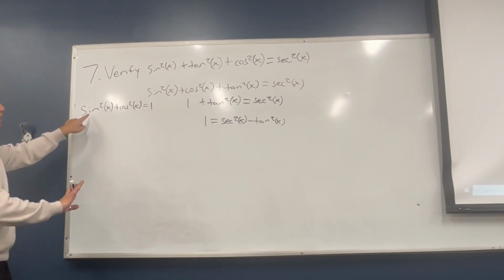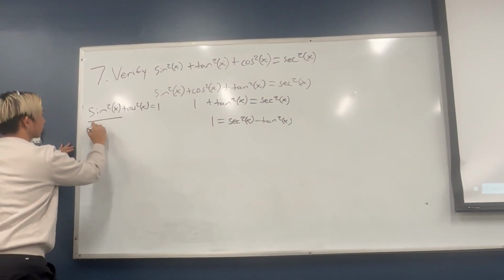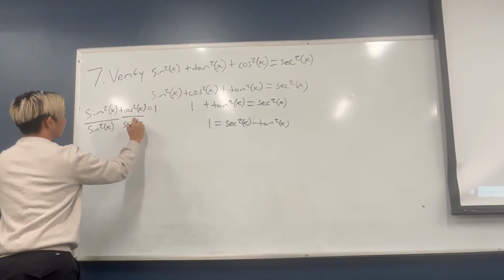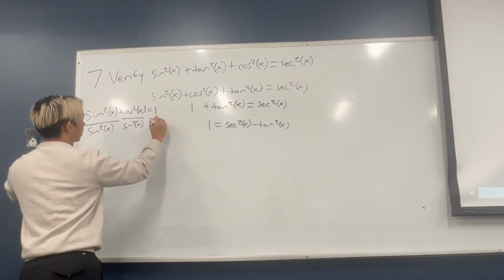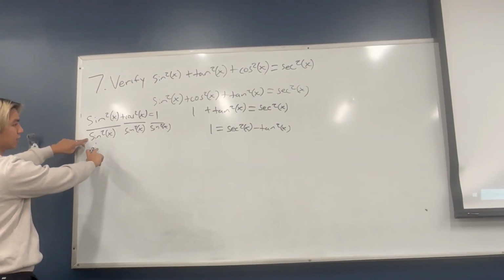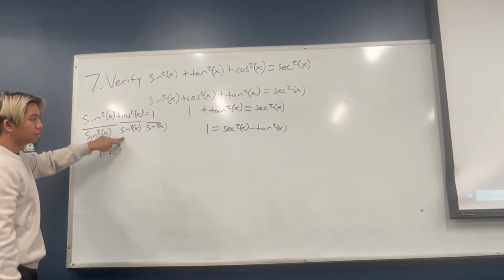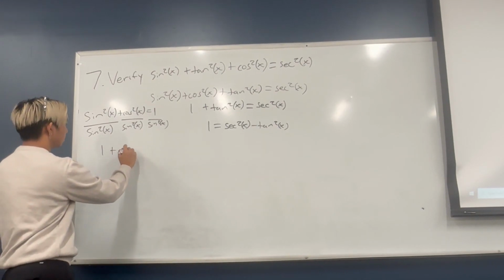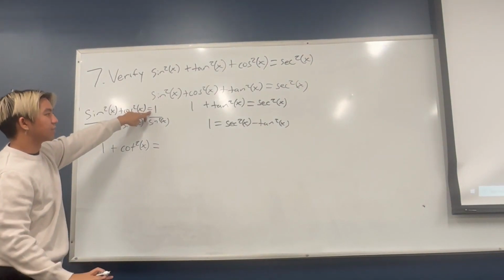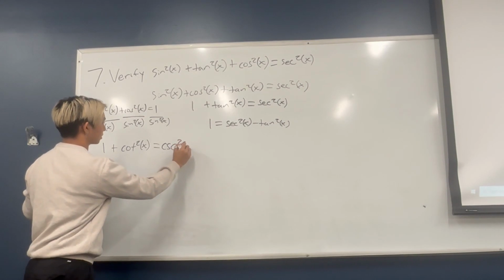Now, if I divide each term by, let's say, sine squared of x, sine squared of x over sine squared of x becomes 1, right? And remember what cosine over sine is? Cotangent, right? So this becomes cotangent squared of x. And then what's 1 over sine of x? Cosecant. So this is cosecant squared of x.